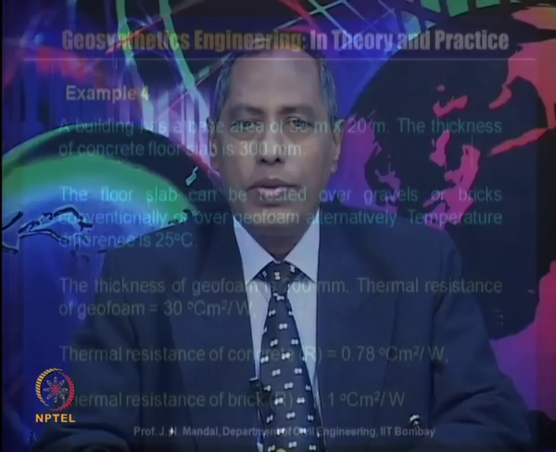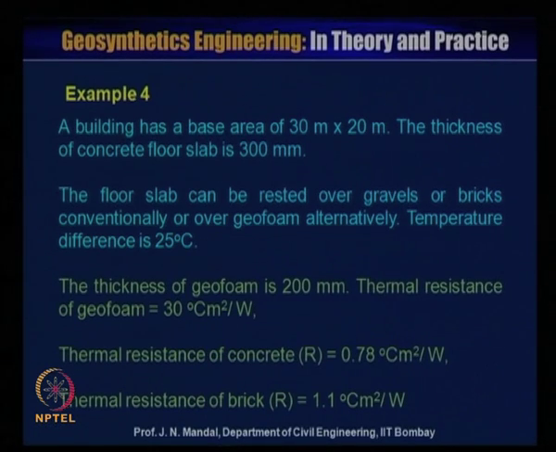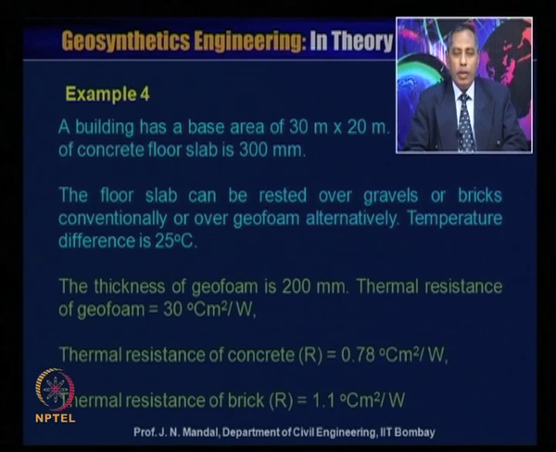In this example, a building has a base area of 30 meter into 20 meter. The thickness of concrete floor slab is 300 millimeter. The floor slab can rest over the gravel or brick conventionally, or over the geofoam alternatively, and the temperature difference is 25 degree centigrade.